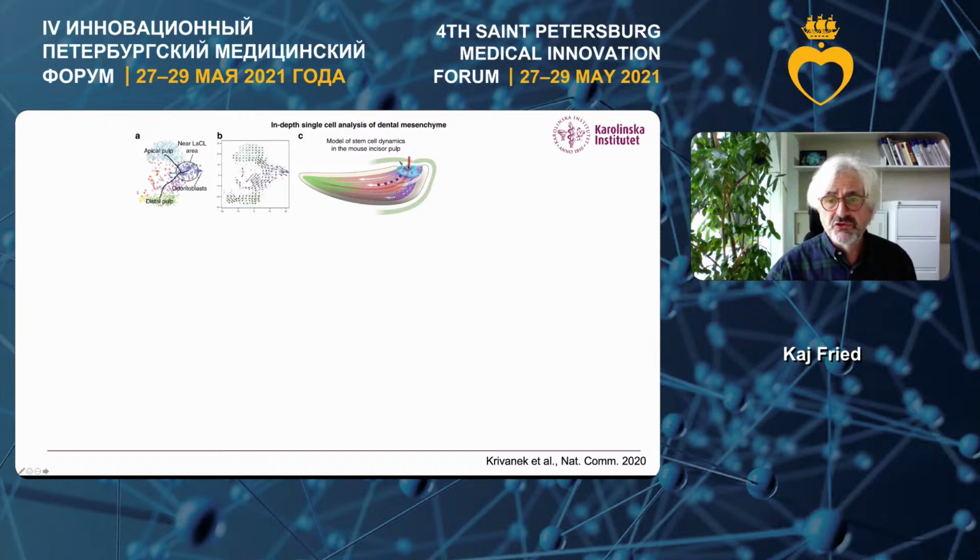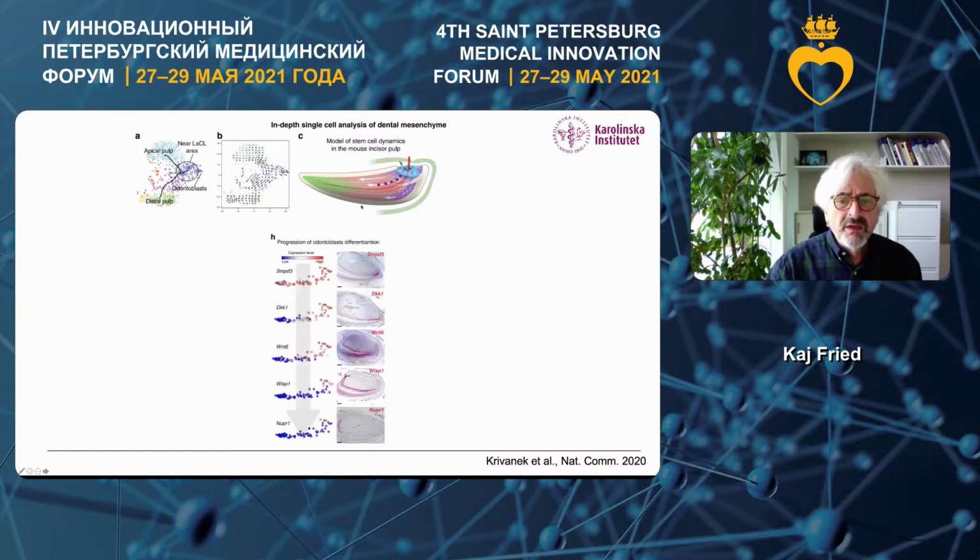And this is schematically shown in this picture when it comes to the mesenchymal part, and this one is the epithelial part. And it makes it possible also to see in detail, for instance, when it comes to the odontoblast, which produces dentin, to understand in detail the gene expression at the different stages towards the final differentiation when dentin starts to become produced.